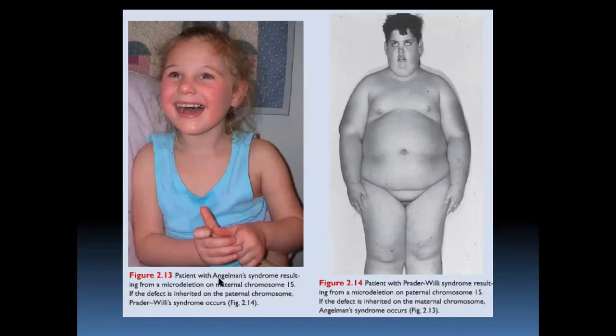Usually it is microdeletion of the maternal chromosome. If the paternal chromosome is gone, it is called Prader-Willi syndrome. Maternal chromosome deletion is not so difficult, but paternal, it is very difficult.